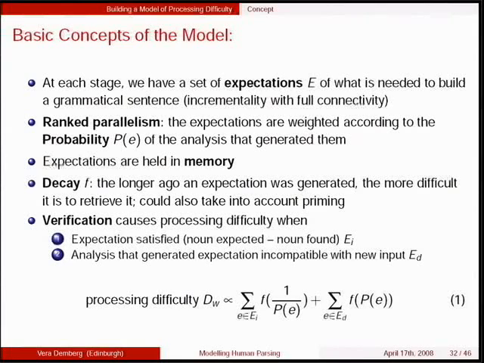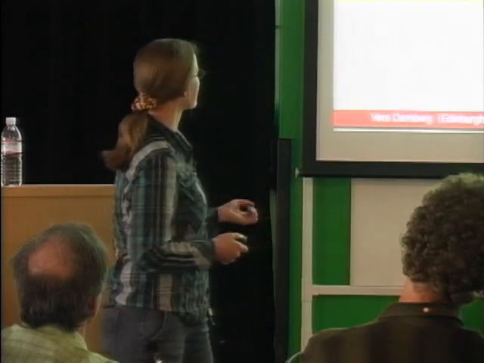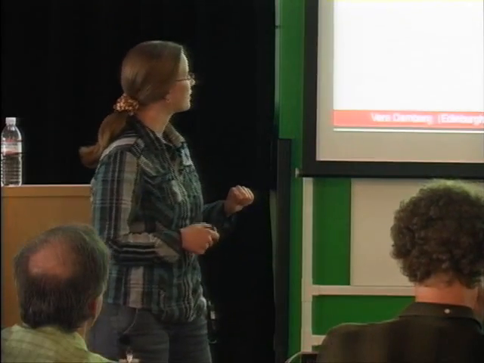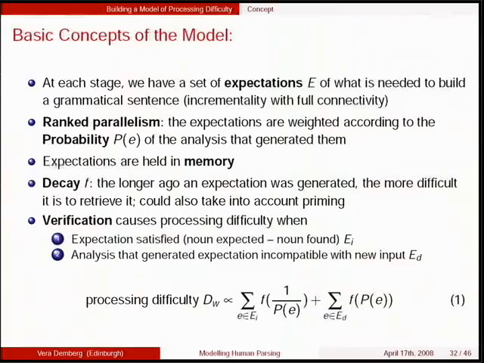And then there's also a verification component, which plays with the predictions or expectations that you build up. That links this framework to processing difficulty. If I had an expectation about what was going to come up in the sentence, and I find it, that's going to be really easy if it was something I was strongly expecting.